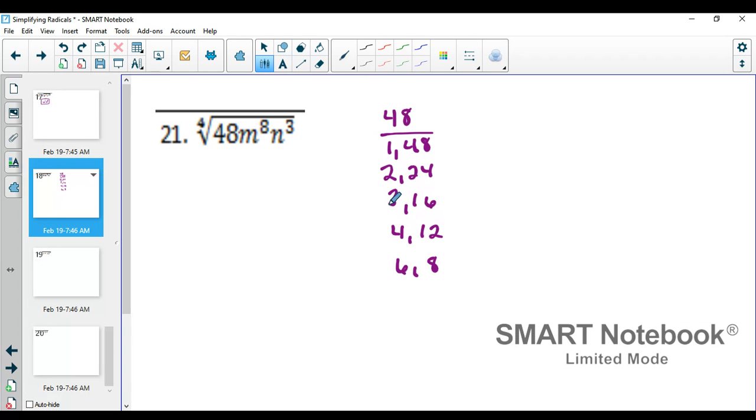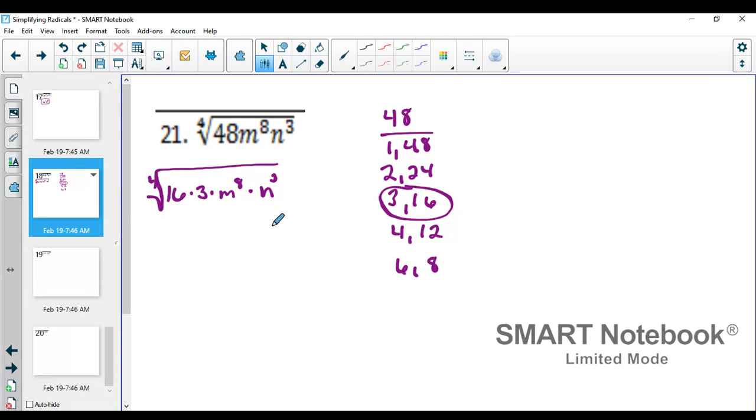So now we're looking for the one number that has a fourth root in this list, and that is 16. So we're going to use 3 and 16. So we have the fourth root of 16 times 3. And then our exponents need to be in multiples of 4. So 8 is already a multiple of 4. So we're good to leave that as m to the 8th. Now n cubed, there isn't a number less than 3 that is a multiple of 4. So it's going to stay n cubed.